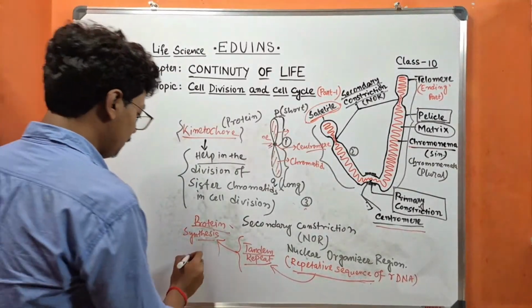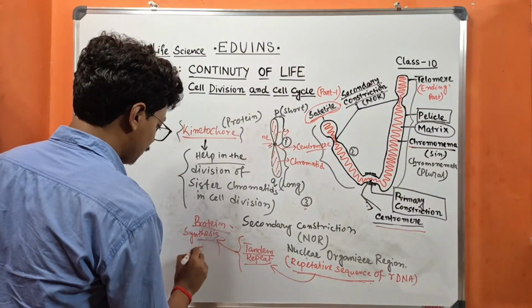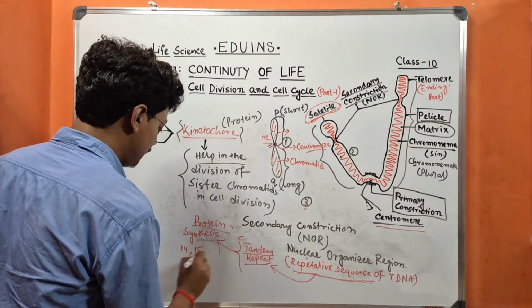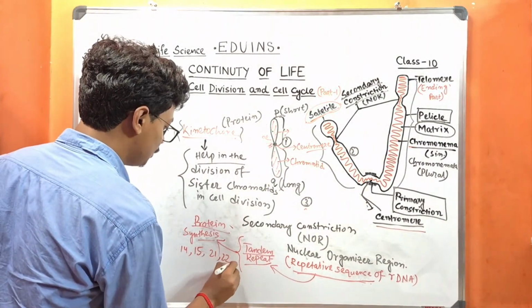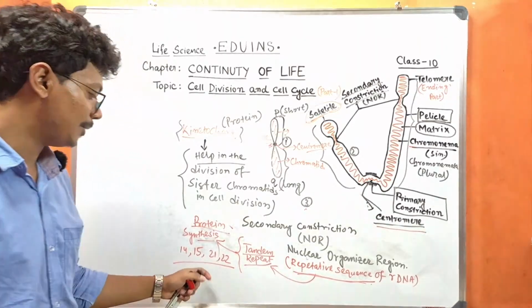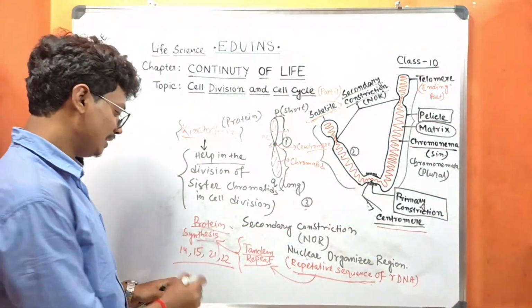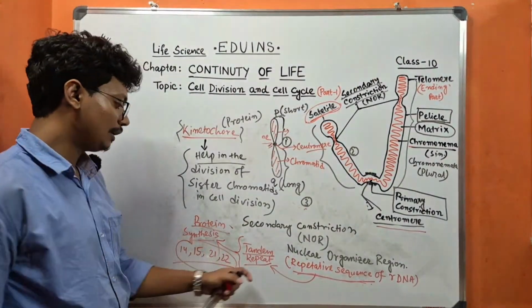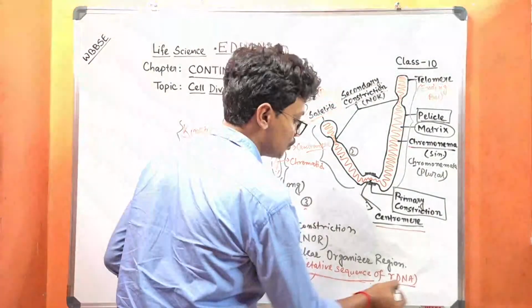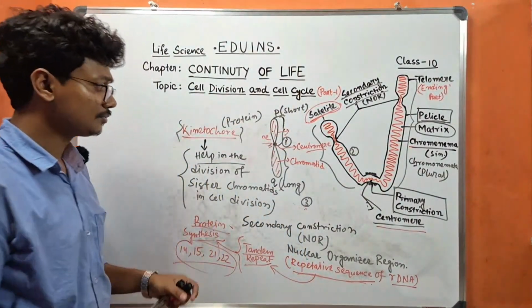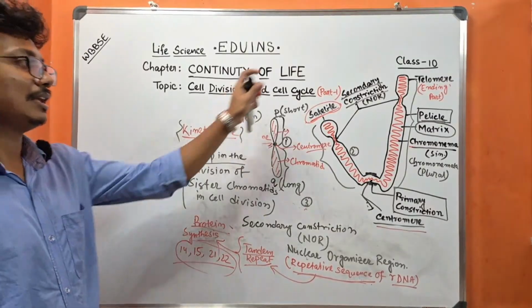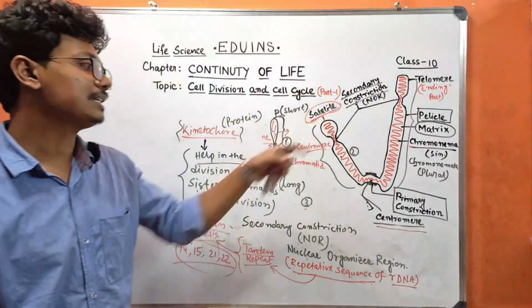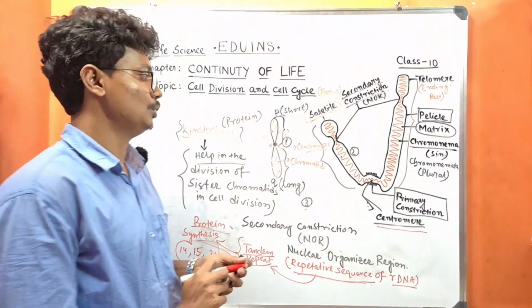Chromosomes 13, 14, 15, 21, 22 contain these tandem repeats of ribosomal DNA. So this is the basic morphological structure of a chromosome.